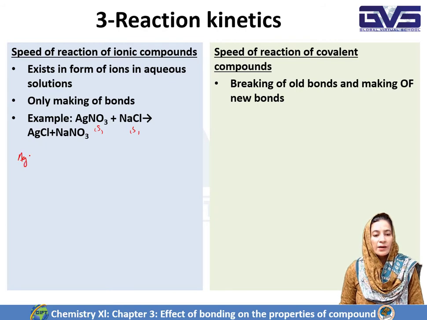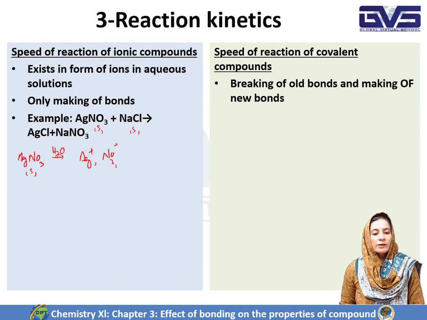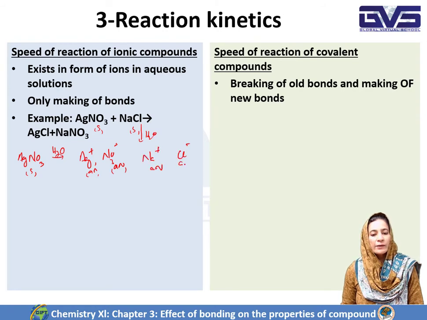When silver nitrate, which is a solid, is dissolved in water, it forms silver ion and nitrate ion, and you can write it as aqueous. Similarly, when sodium chloride is dissolved in water, it forms sodium ion and chloride ion. So you already have aqueous solutions.